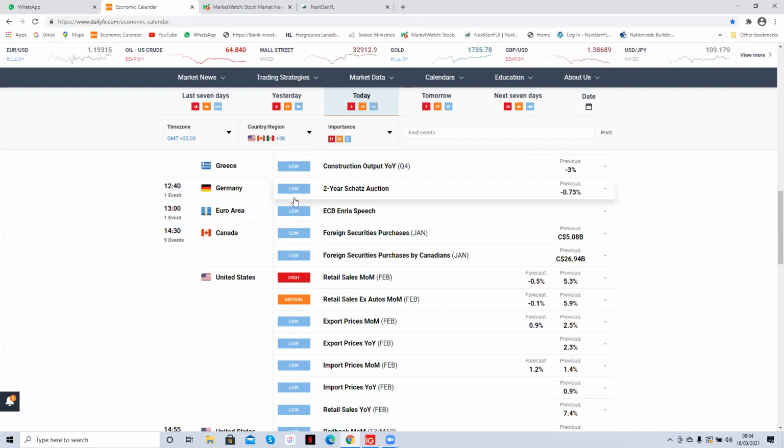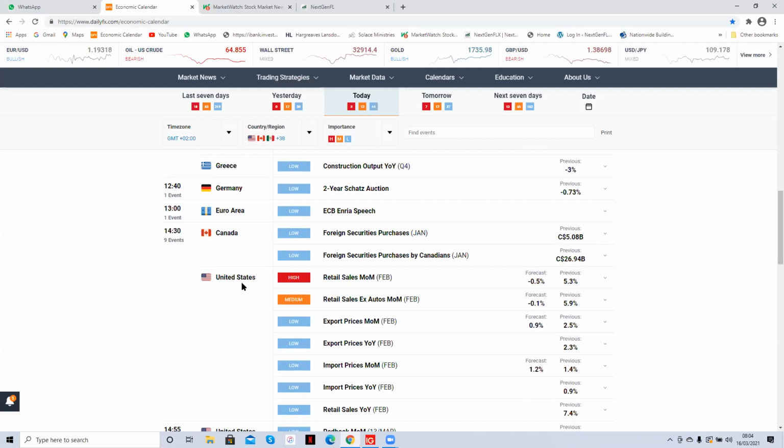And then we can ignore reports of low importance. And at 2:30, we have the US retail sales. And that's a report of high importance too. And as we all know, reports out of the United States affect all markets. So that would affect all currency pairs, stock market, bond markets, commodities market.